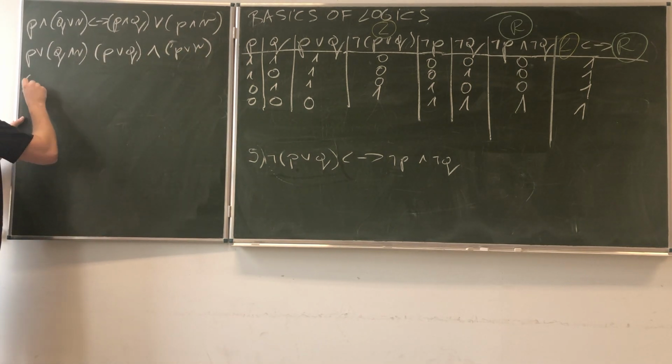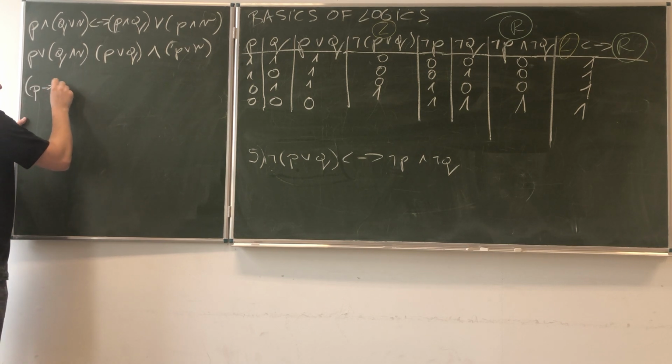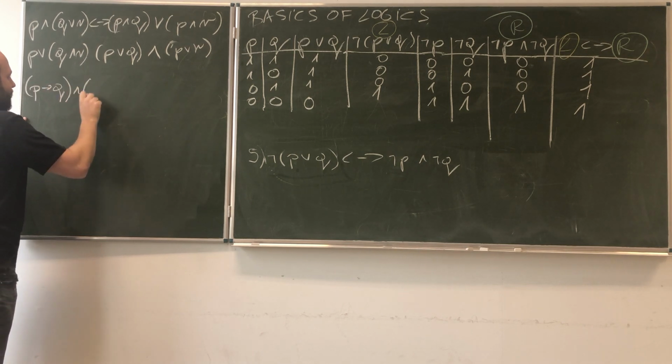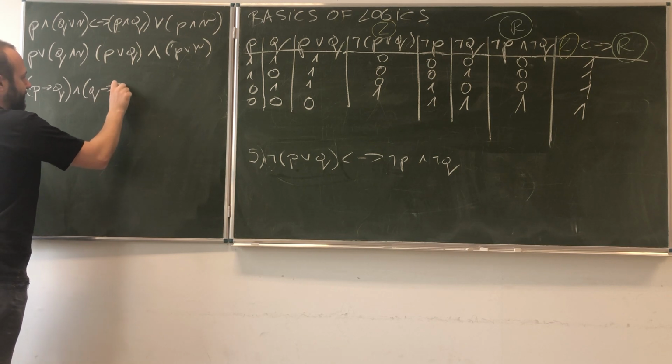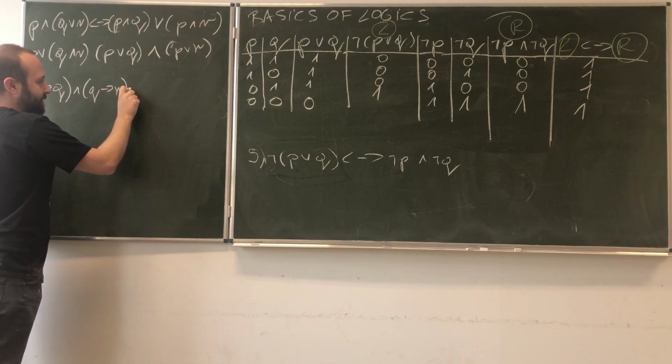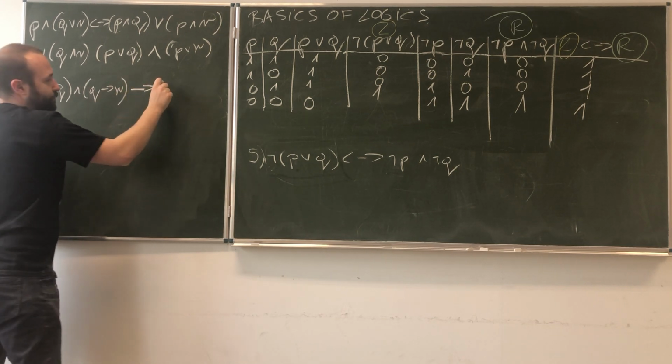We've got that if P implies Q and if Q implies R, then P implies R.